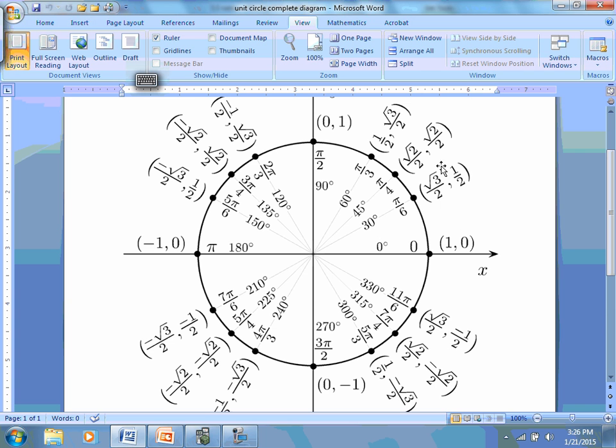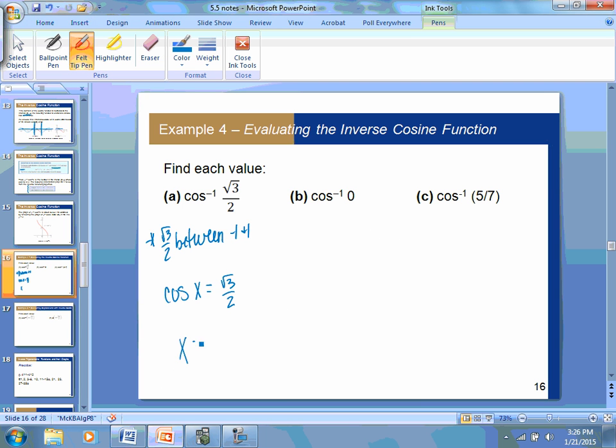So I'm going to go back to the first quadrant here. And the square root 3 over 2 corresponds to the pi over 6. So x is pi over 6. Same thought process as before with the sine functions and the inverse sine functions. You're just looking at the top two quadrants on the unit circle instead of the right two quadrants on the unit circle.